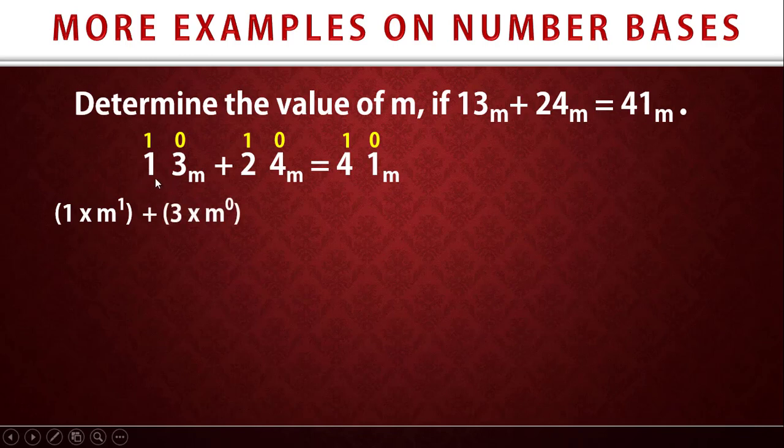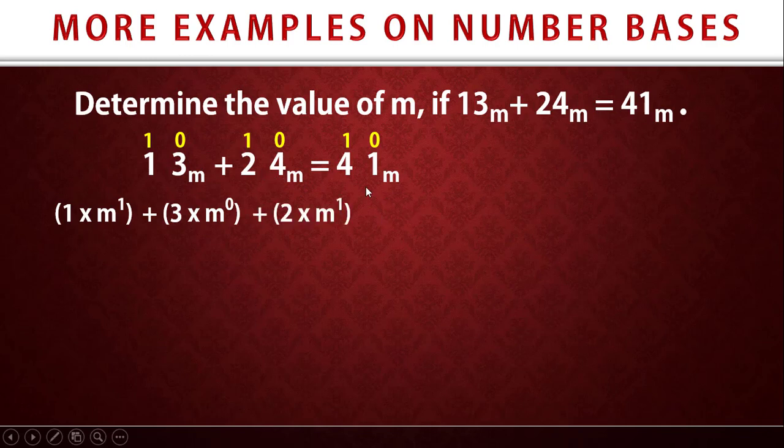So we've been able to perform power expansion on the 1 and 3. The next one is to perform power expansion on 2 and 4. You can see there is a plus here, which means we have to include the plus there. So we have plus 2 times m, you know m is the base here, raised to power 1.